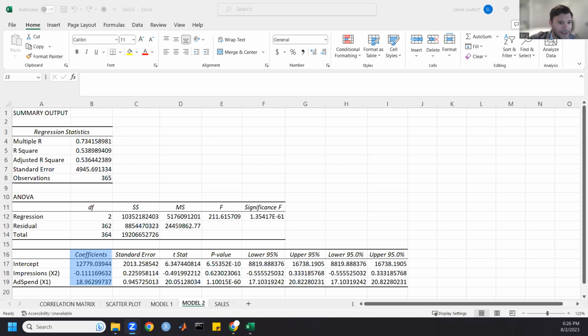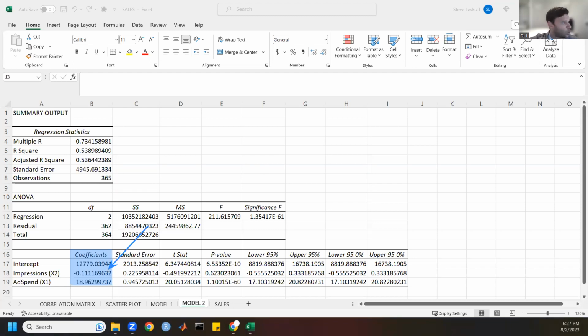And something might surprise you: the impressions effect is actually negative, which means if impressions goes up by 1 unit, sales goes down by approximately 0.111. And that is the way to interpret that coefficient. And that might be surprising.